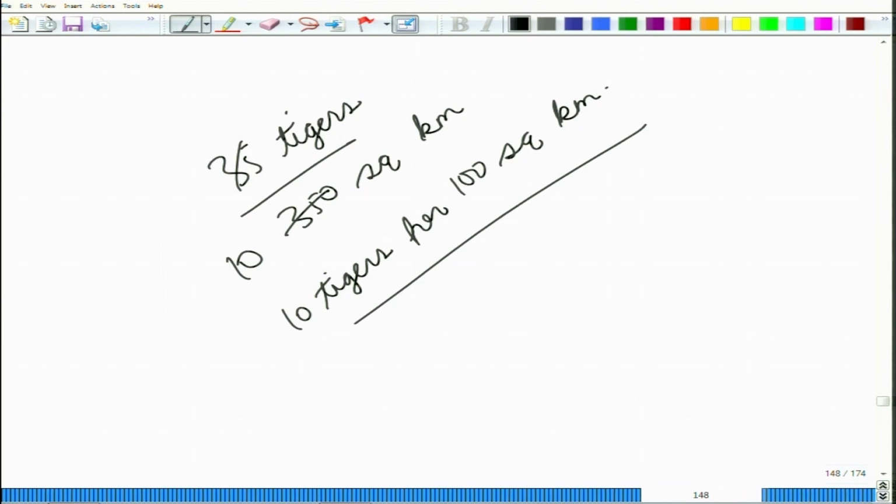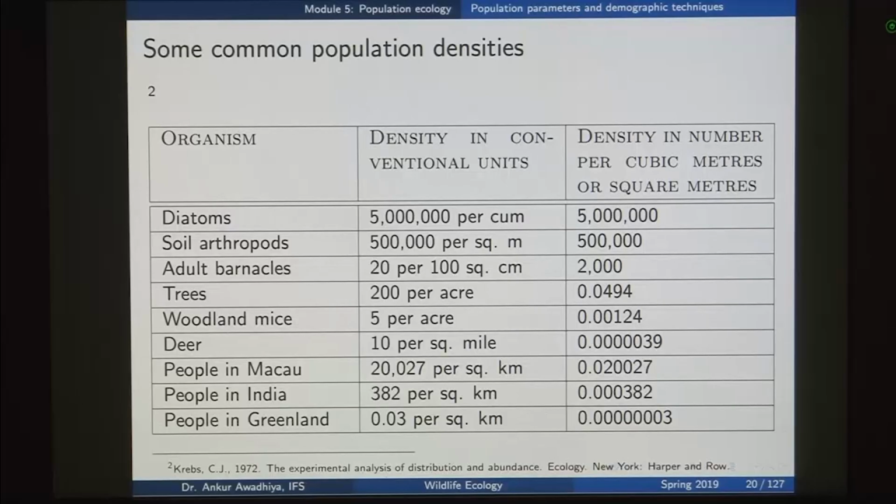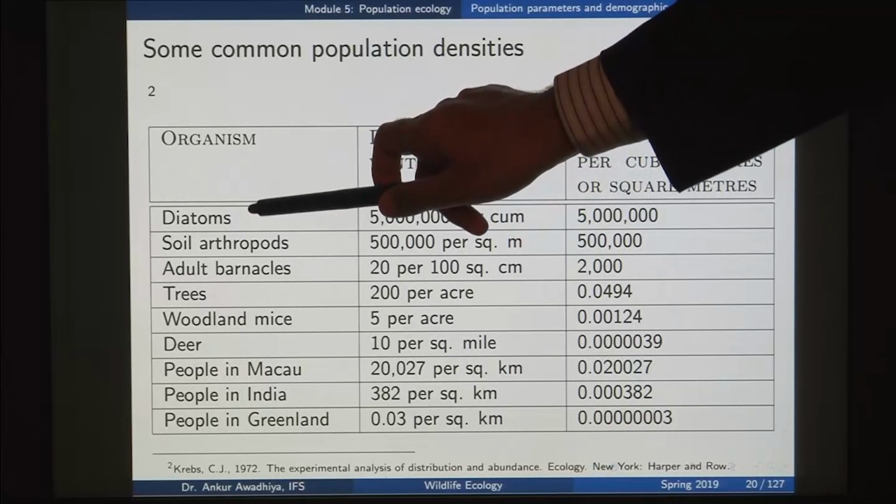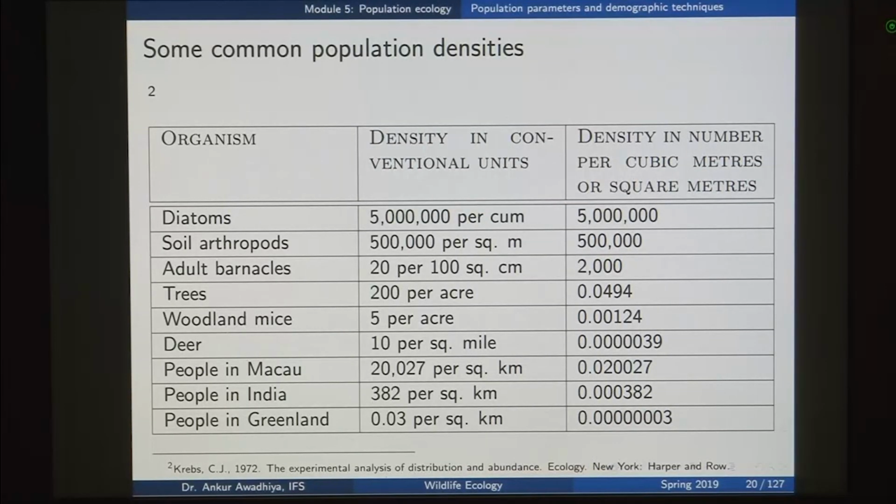Now, population density can vary a lot between different organisms. So, for instance, if we look at density in say numbers per cubic meters or per square meters, things such as diatoms. Now, diatoms are small organisms that are found in the oceans, and their numbers are represented per cubic meter. So, you have 5 million diatoms per cubic meter. When you talk about soil arthropods, you have this number of 500,000 per square meter.